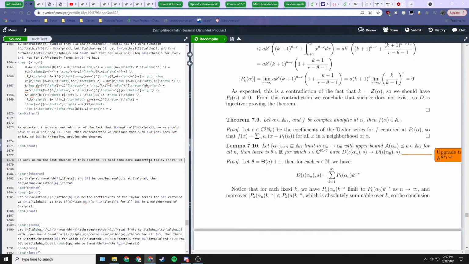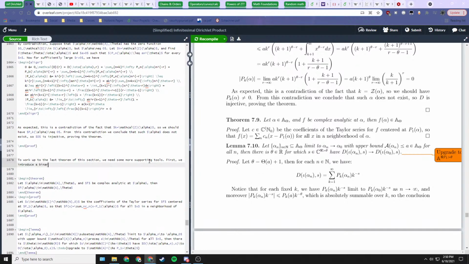First, we introduce a binary operation, circle dot, which maps A times A to A as a pointwise product.